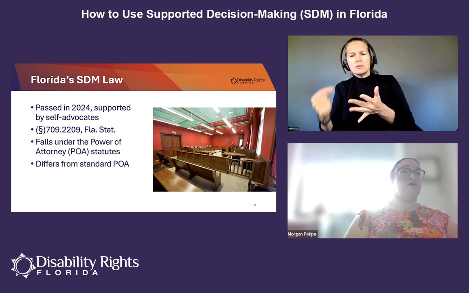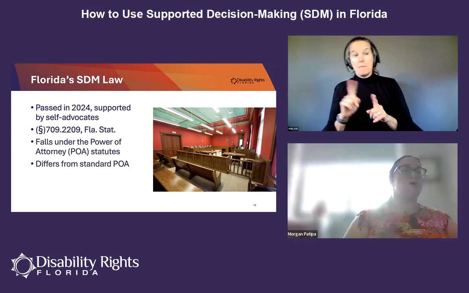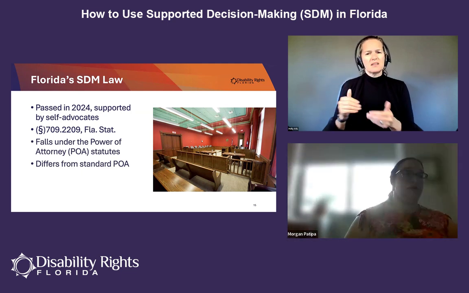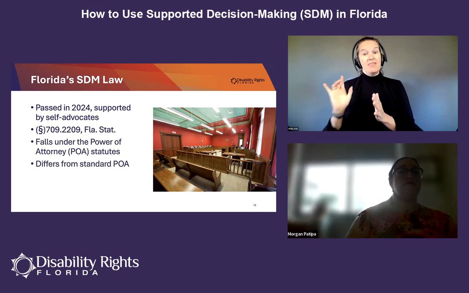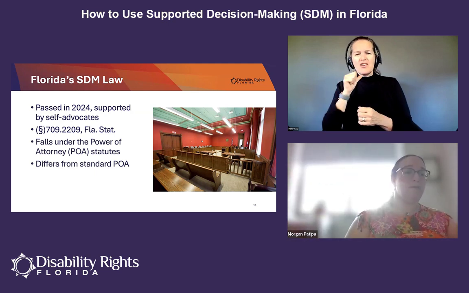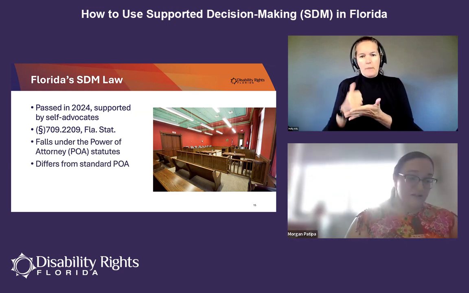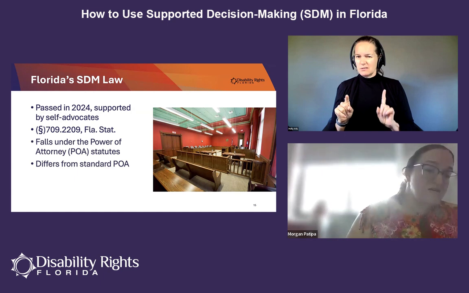But with SDM, you are constantly part of the decision-making process. So that person, your supporter, is not making decisions for you, they're just helping you make those decisions. It's very, very different. Next slide, please.